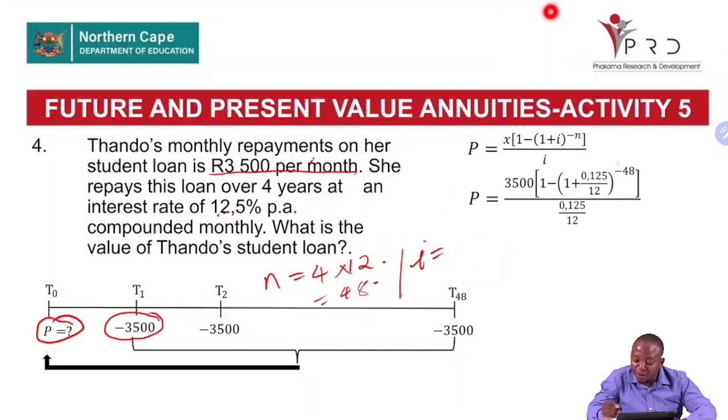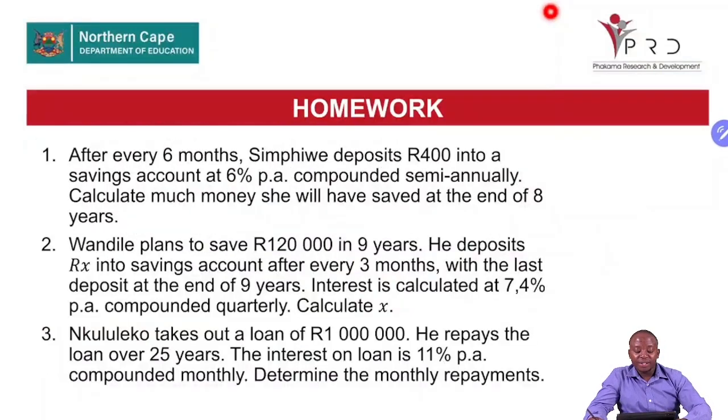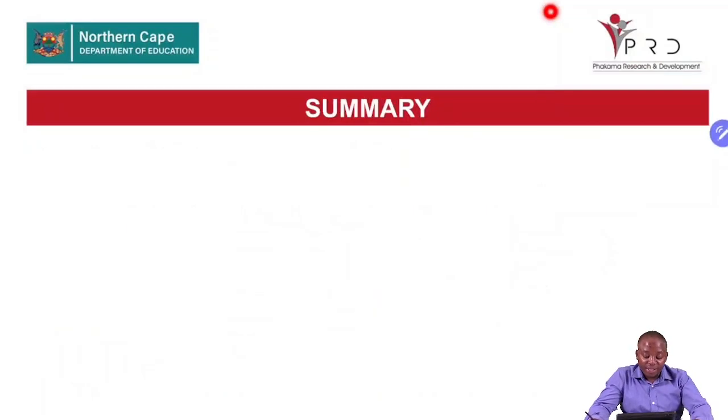We have a negative there because we're working with the present value formula, all divided by I, which is 0.125 over 12. We press everything in the formula and we get our P as 131,667.96. So this is the homework, and we will discuss the solutions in our next lesson.